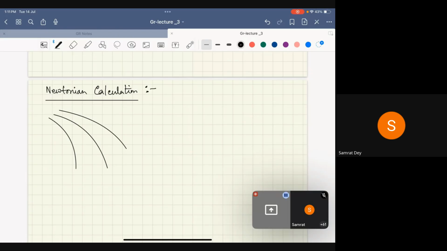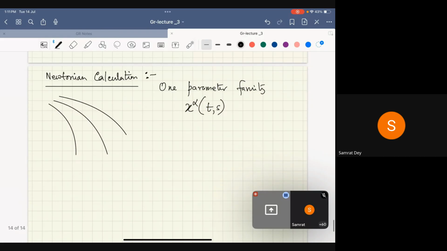We consider a one parameter family of particle trajectories x^alpha(t, s), where basically it's not necessarily one parameter, it's two parameters. It's a multi-parameter family of trajectories where we have two parameters, t and s.